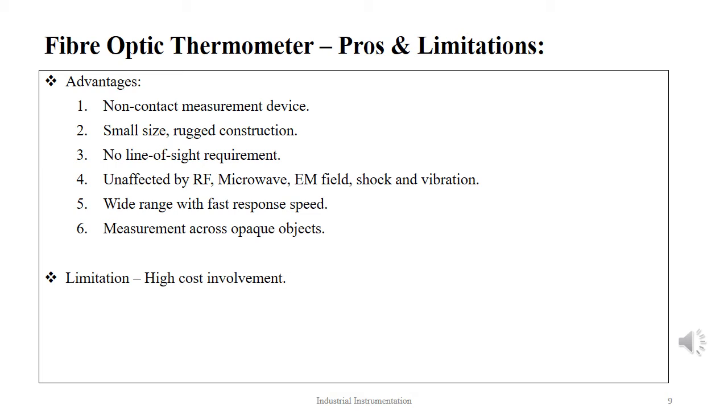The measurement is not influenced by radio frequency, microwave, electromagnetic field, or shock and vibration. It has a wide temperature measurement range and the measurement is done at a very fast rate. The device is capable of carrying out temperature measurement across opaque objects as well. The only limiting factor of this device is that the cost per unit temperature measurement is very high.